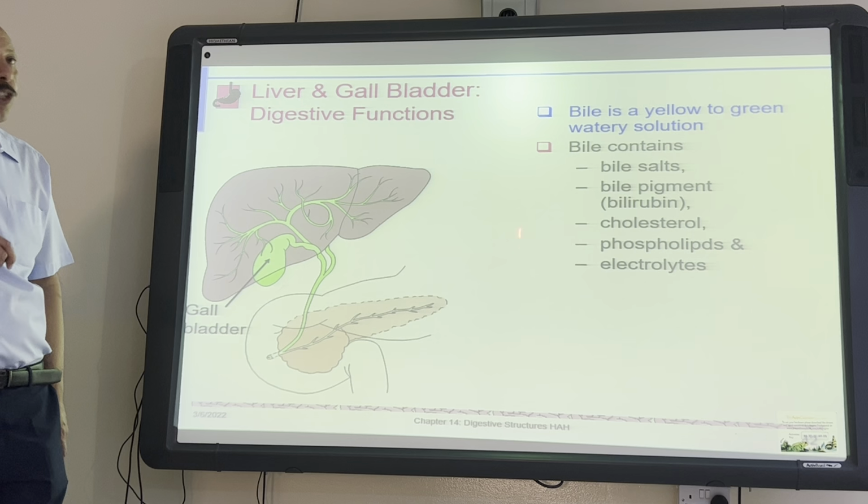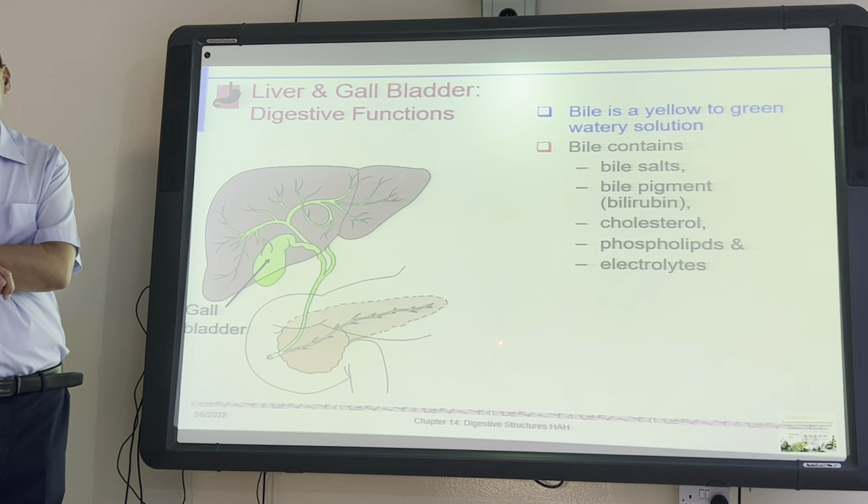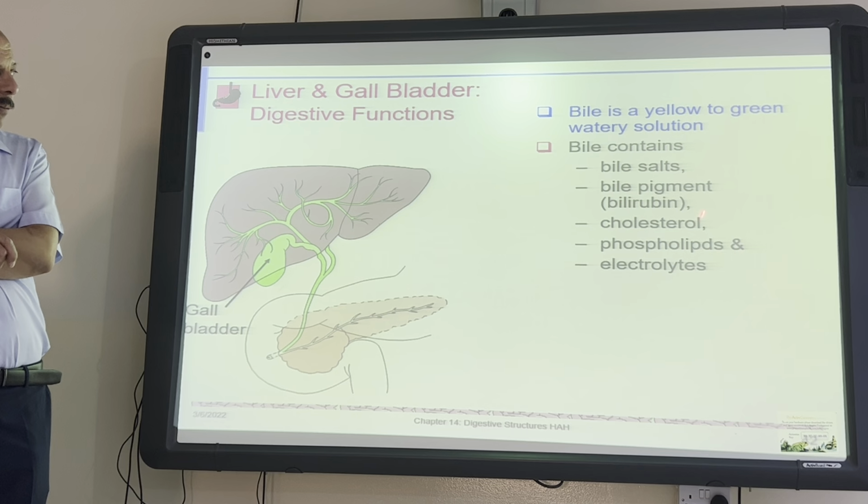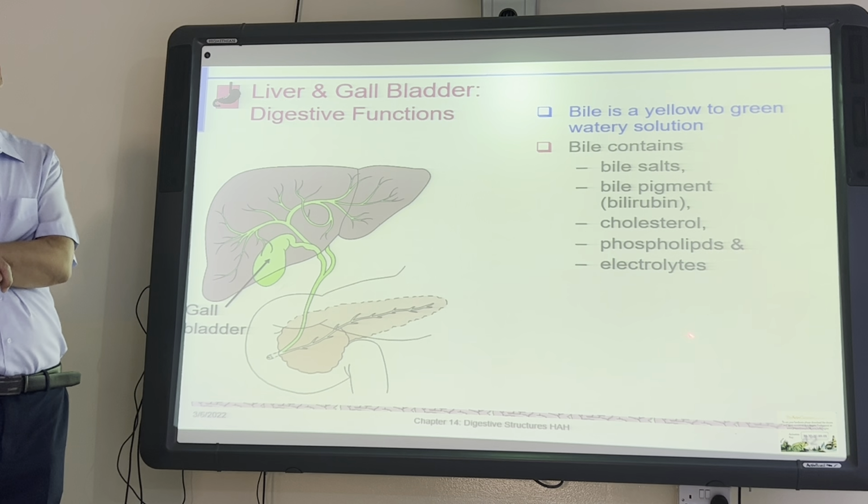So this is the composition of the bile which is excreted by the liver.